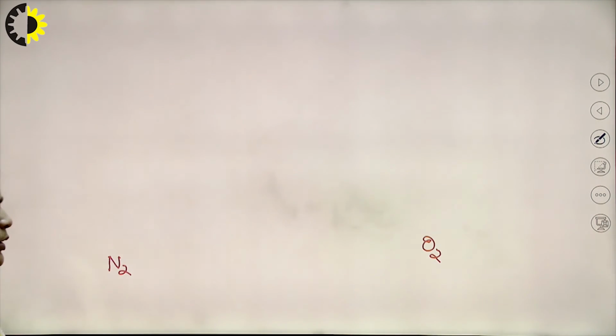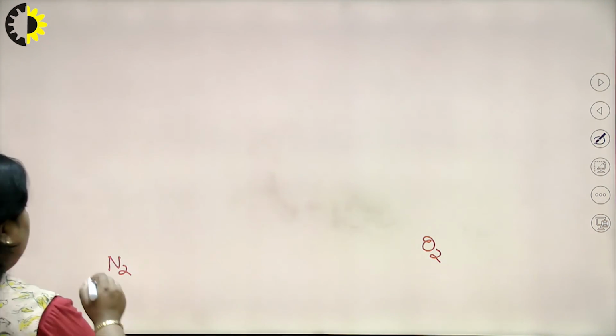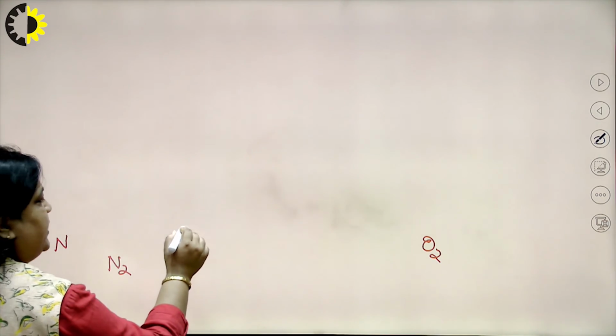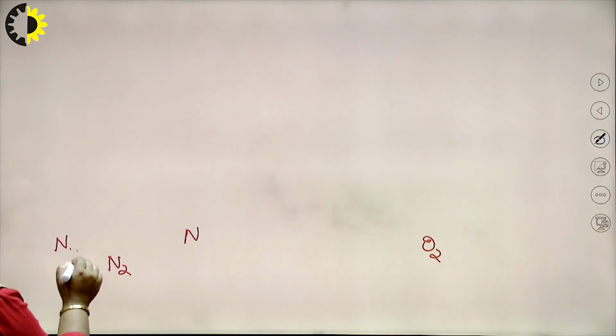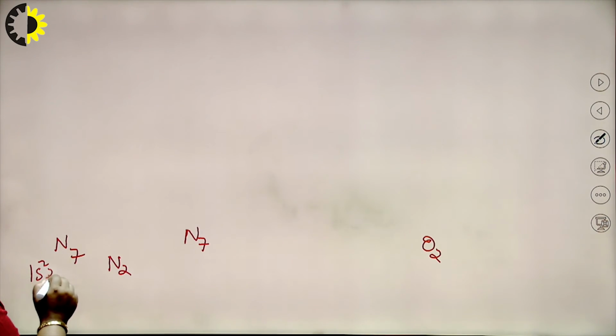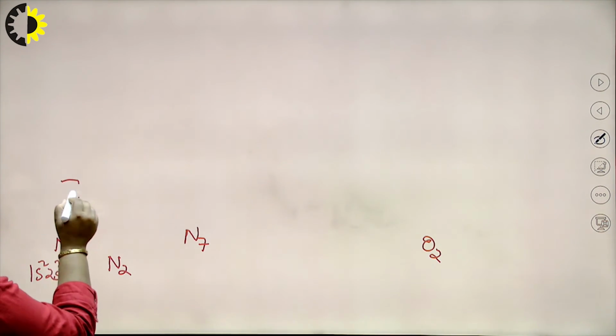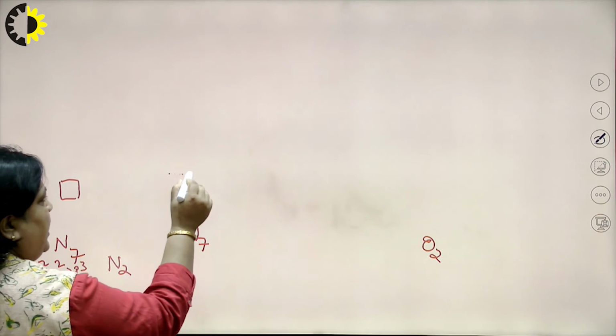Now, in case of N2, the rule is the same, one nitrogen atom on this side and one nitrogen atom on this side. N is 7, 7 means 1s2, 2s2, 2p3. So, first 1s and then 2s and then 2p. The 1s of this nitrogen and the other are the same, both atoms are the same.